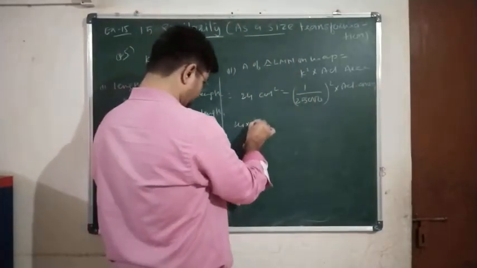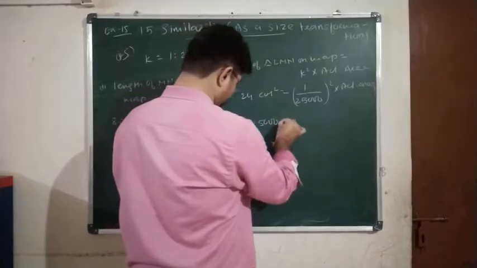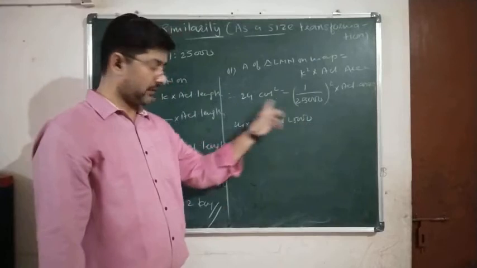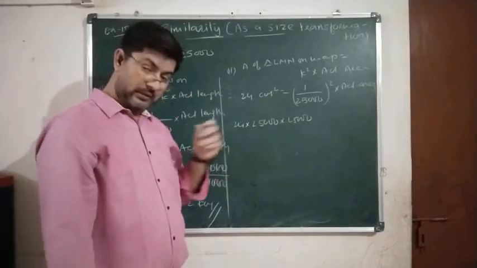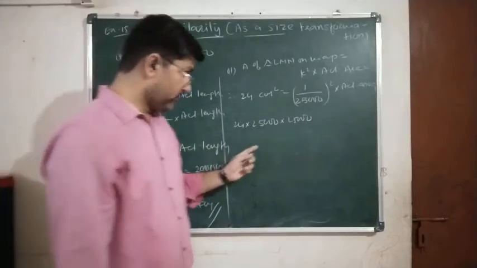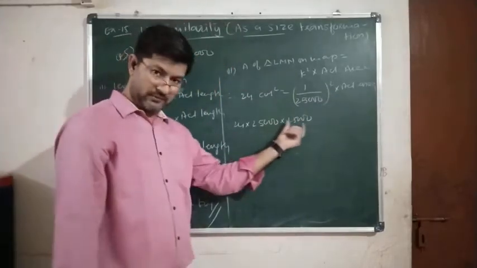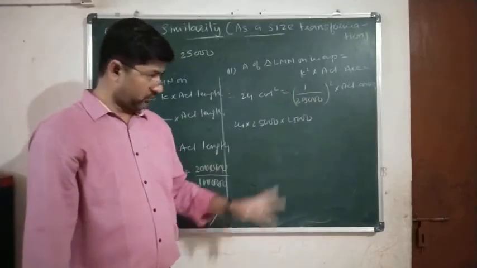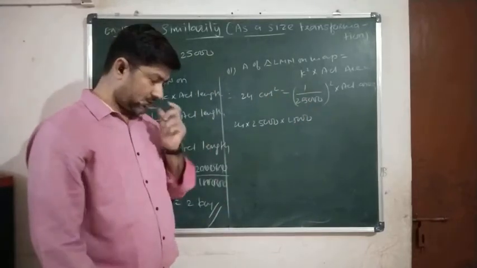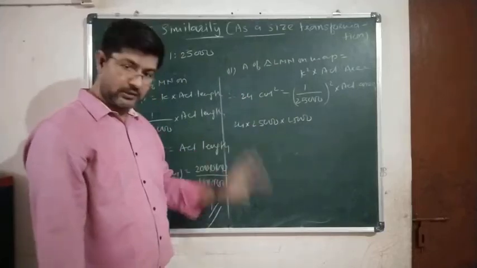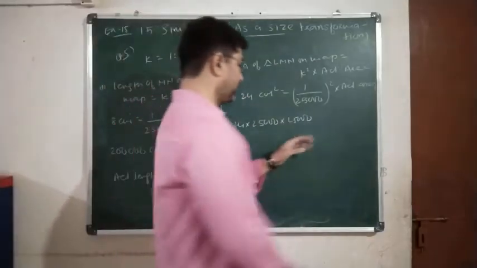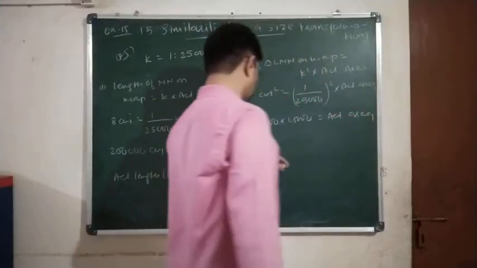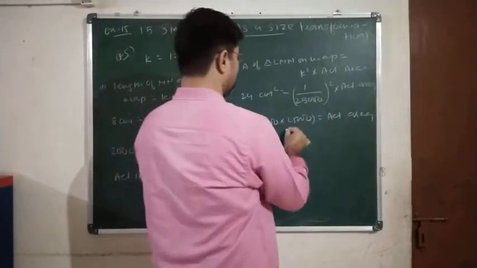Therefore 24 into 25,000 into 25,000. This 25,000 the whole square we will take on the left side, in multiplication with 24. Since it is a square, we have written twice. So 25,000 into 25,000 we have taken in the numerator on the left hand side. So we are left with the actual area on the right hand side.